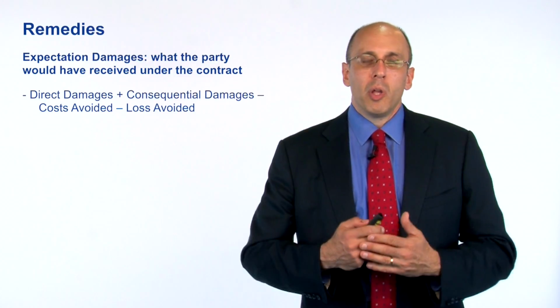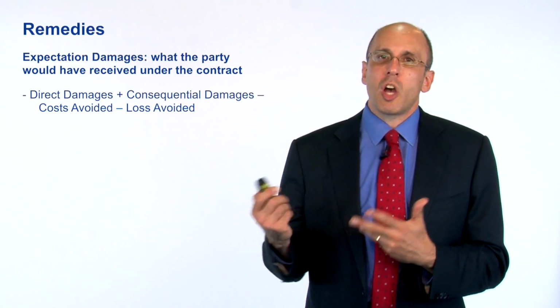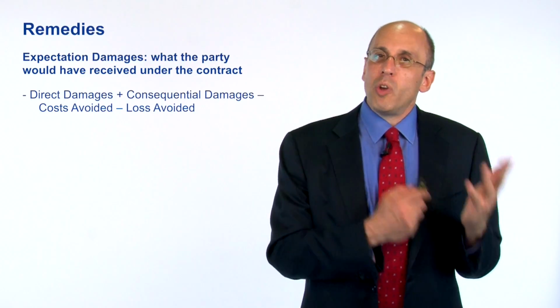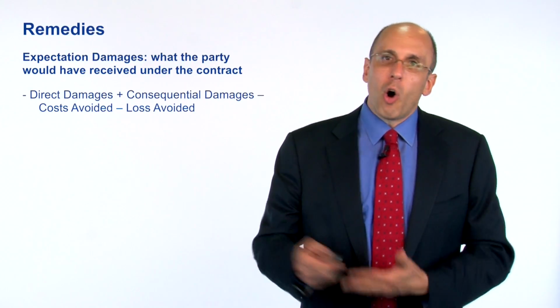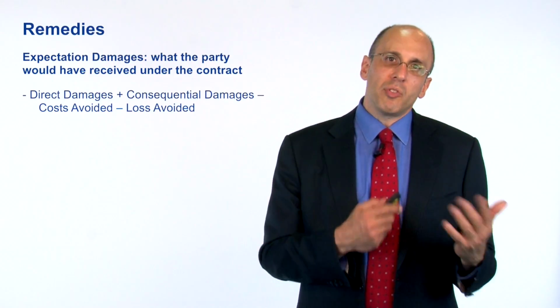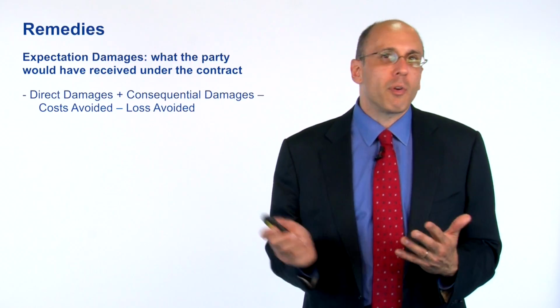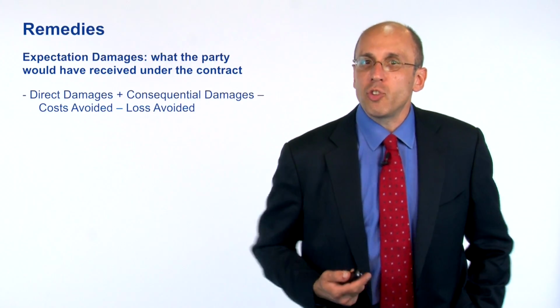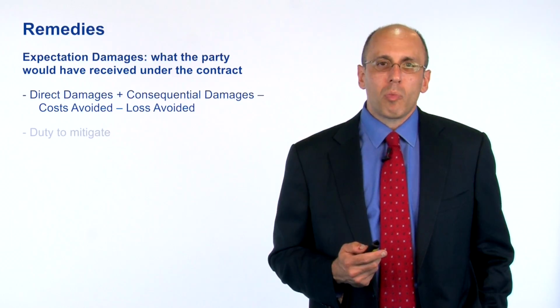For example, because you didn't come and fix my elevator, I was not able to make all of these other transactions in my building. I wasn't able to lease my property for 5 months or things like that. That would be consequential damages.